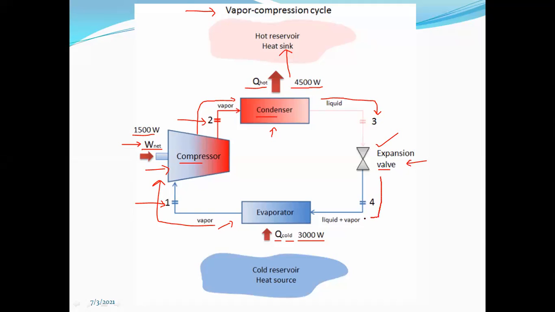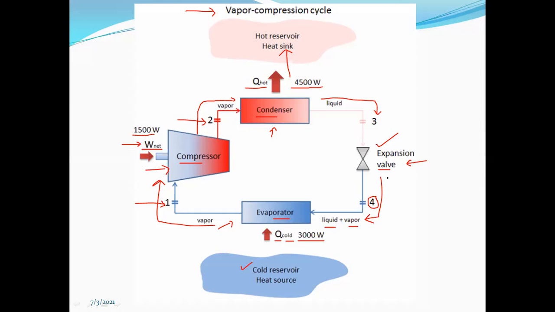After the expansion valve, the liquid passes through the fourth valve inside the evaporator. Through the fourth valve, we have a combination of liquid and vapor passing inside the evaporator, which is nothing but the cold reservoir heat source, and which takes heat of around 3000 watt from the vapor.